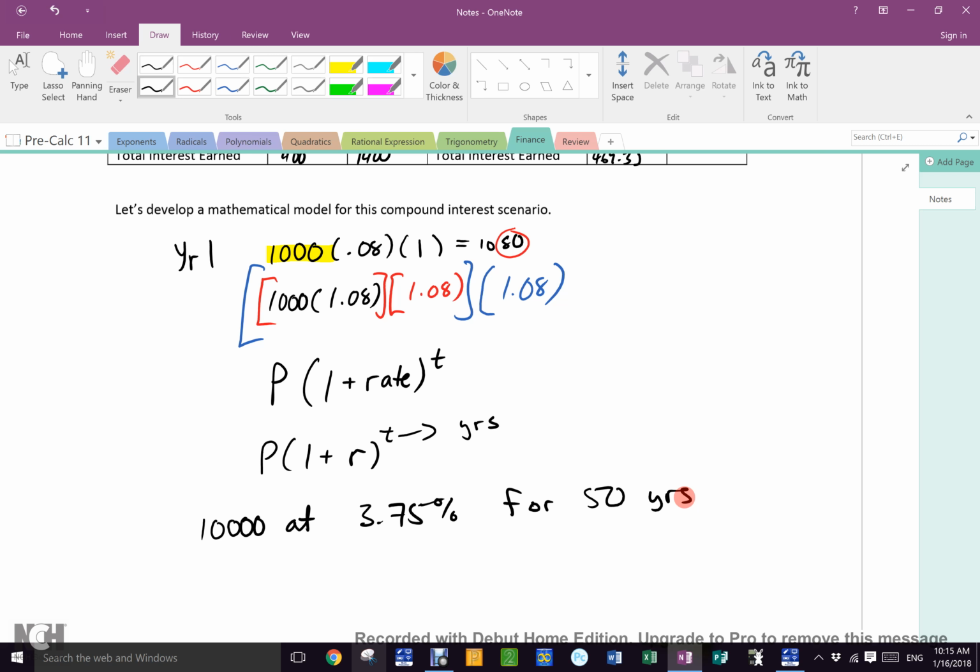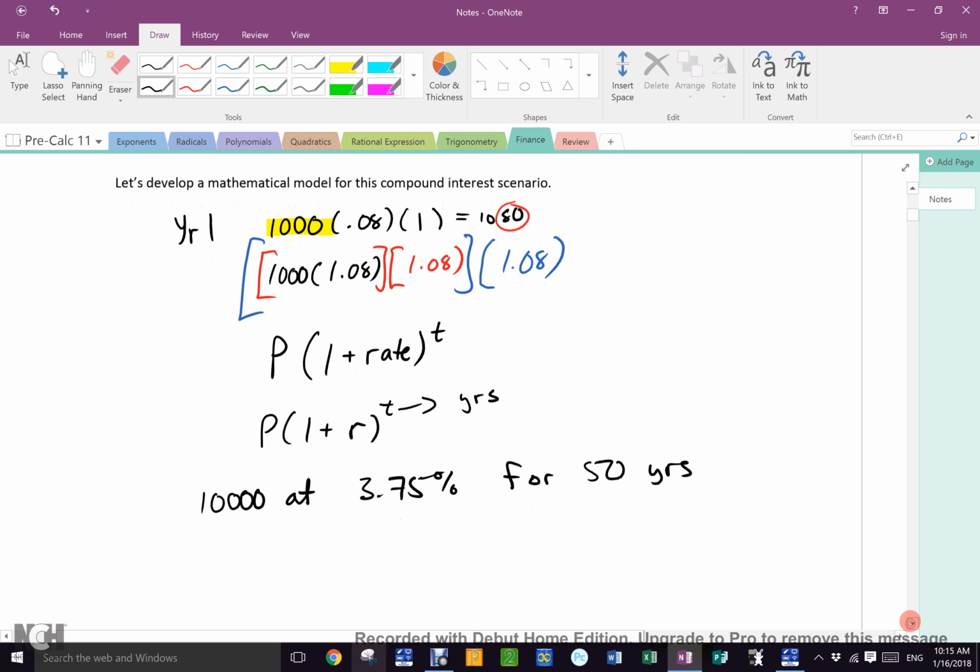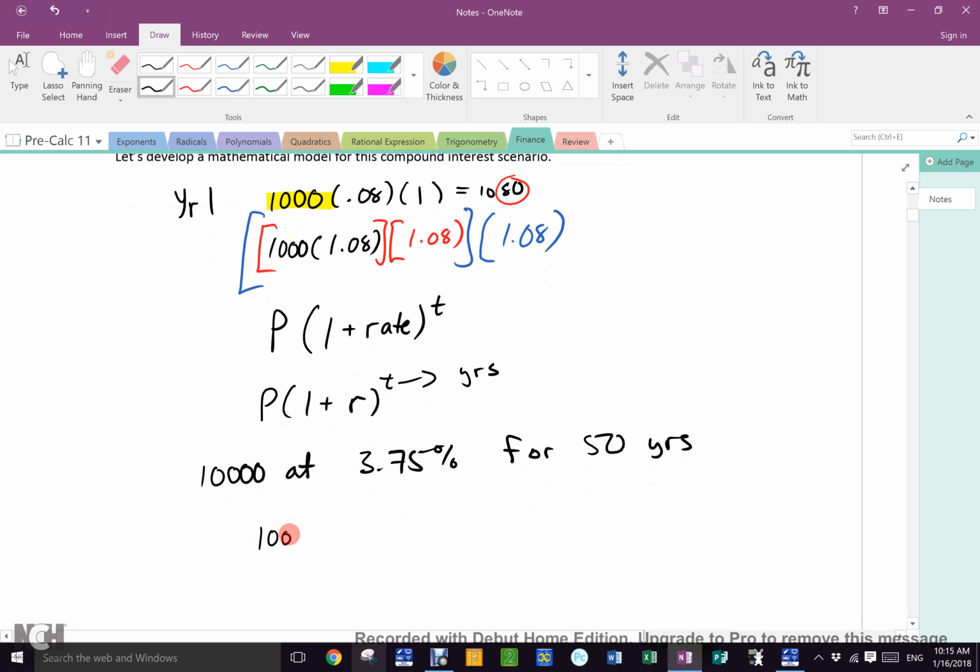How much money are you going to have if Grandma leaves you with $10,000 tomorrow? It's 10,000 times what? 1.0375 to what power?